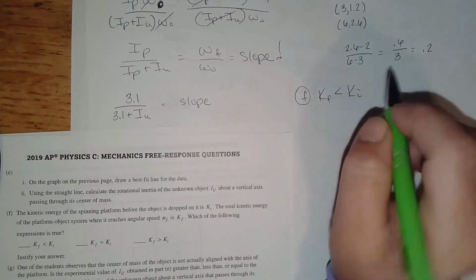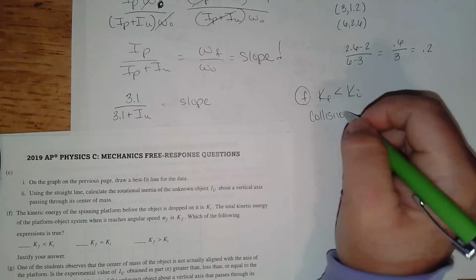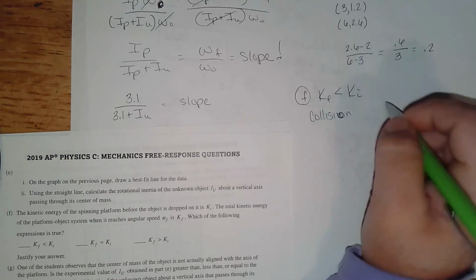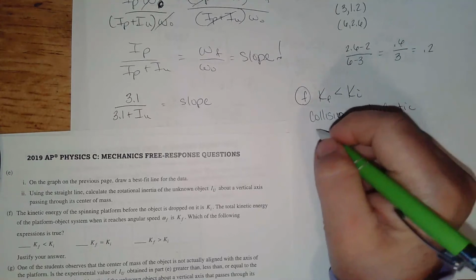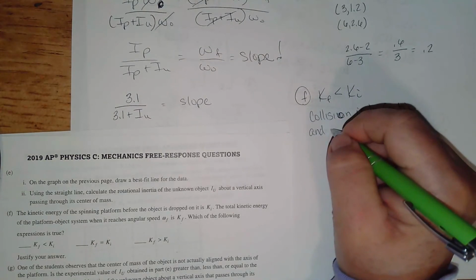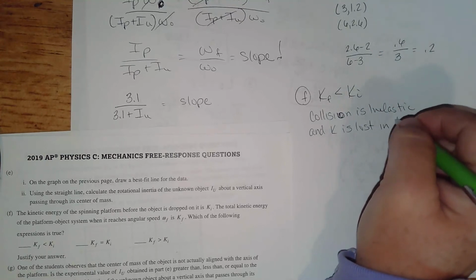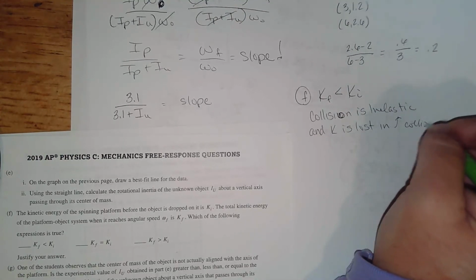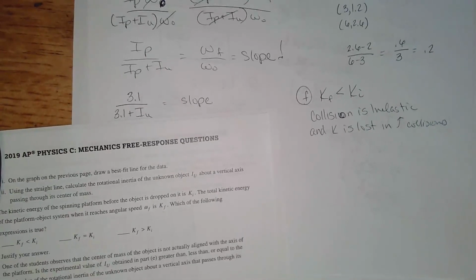And I know this because this collision, whoops, if I can spell collision, is inelastic. I know this because they stick together, and kinetic energy is lost in inelastic collisions. Okay, not all of it is lost, but we lose some.